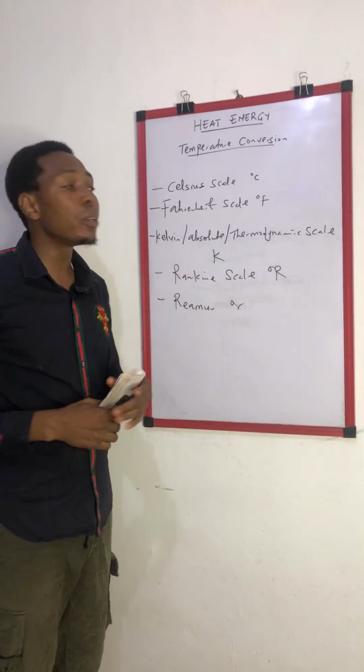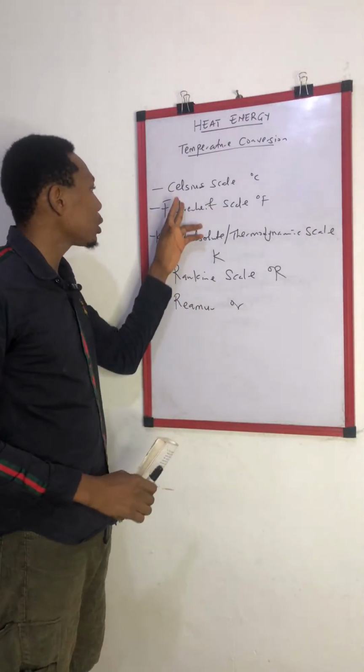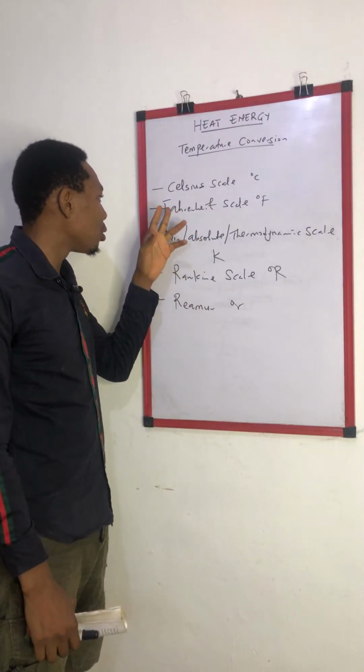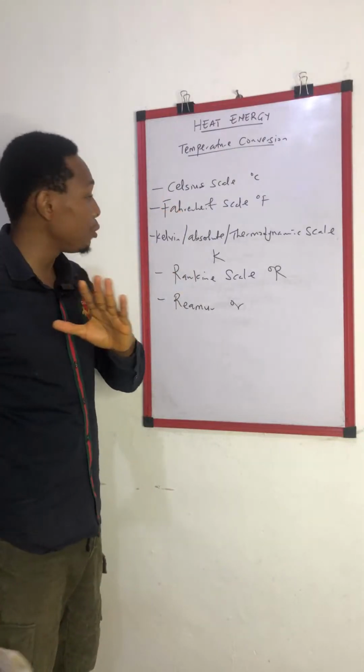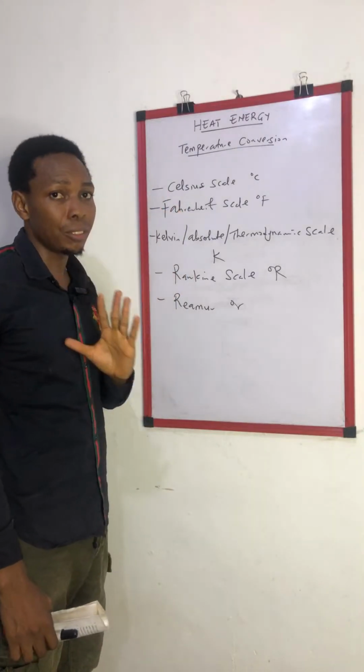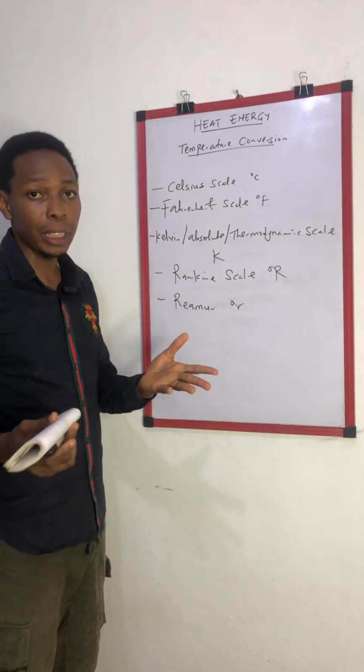So I'm going to give you the relationship between the Celsius and the Fahrenheit, and I will also give you the relationship between Fahrenheit and Kelvin. We are going to do some proving as well.